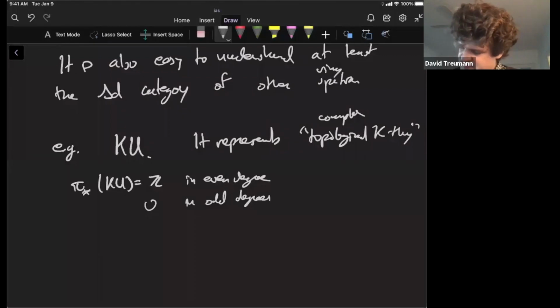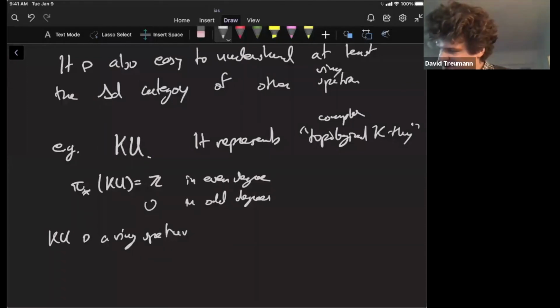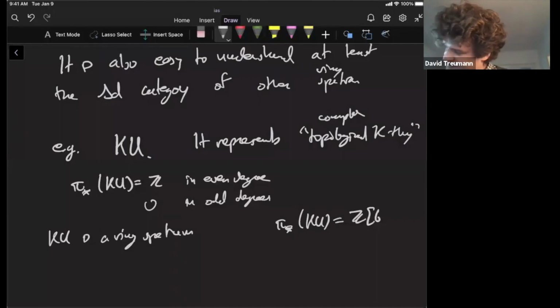It can be given the structure of a ring spectrum. So in particular, its homotopy groups form a graded ring, and that graded ring is this Laurent polynomial ring. B is a famous element in pi_2 of KU.